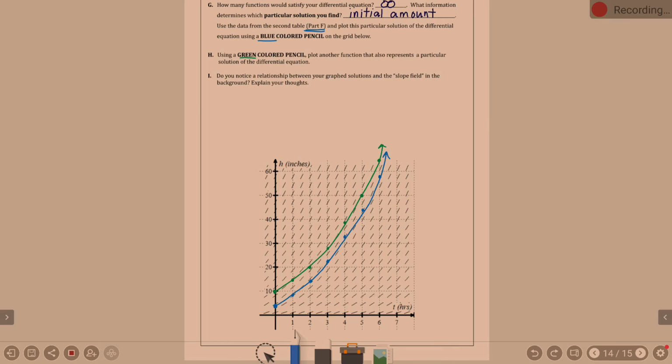Okay. So, let's see. Some information I have is that slope fields look like small tangent lines at certain x values.